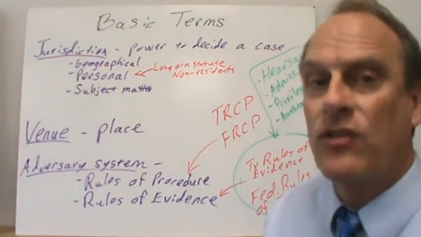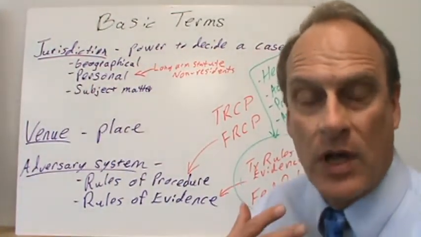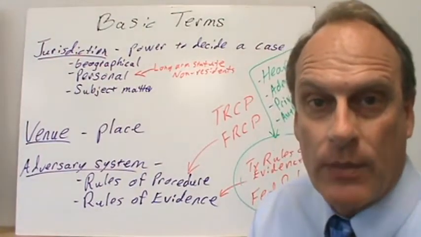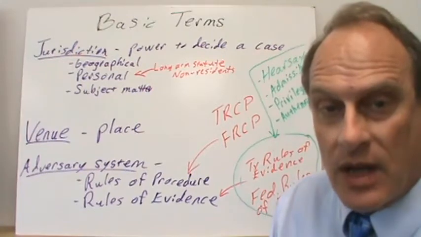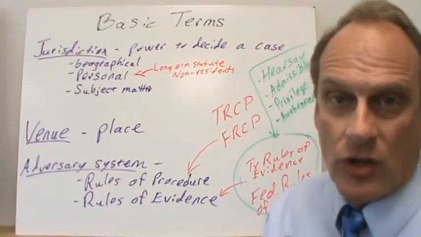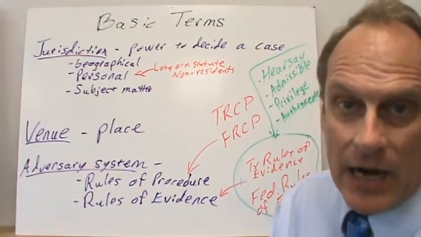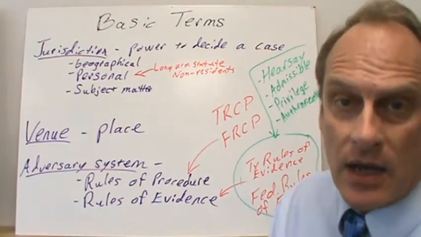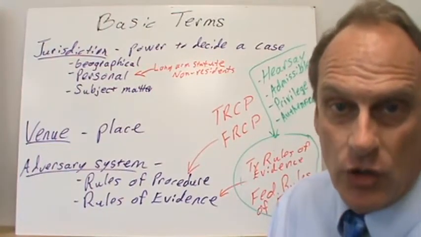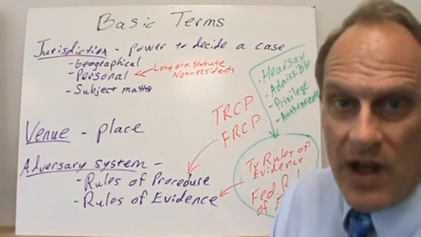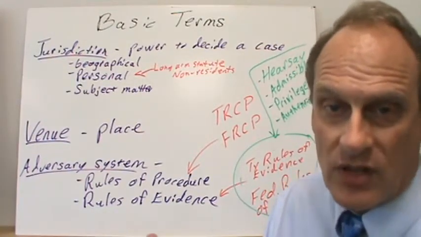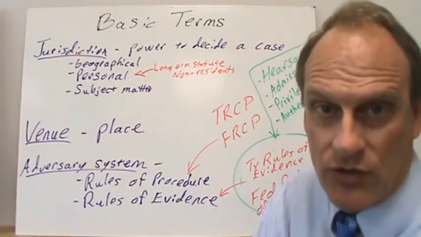A court only has jurisdiction over people who appear before it or who are subject to its control. And so it's generally thought that a court has jurisdiction over people who reside in that area. But what about a non-resident who is sued? It's not a problem if the non-resident comes into the court to file a lawsuit against a resident, because the non-resident has subjected themselves to the jurisdiction of the court.